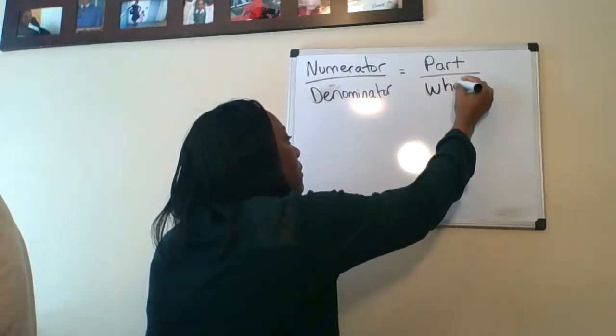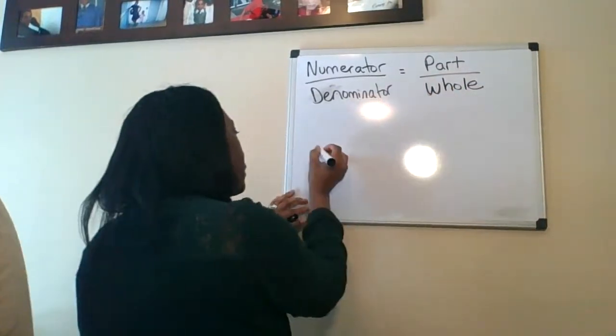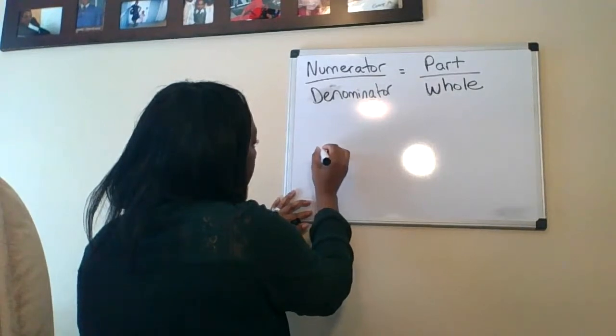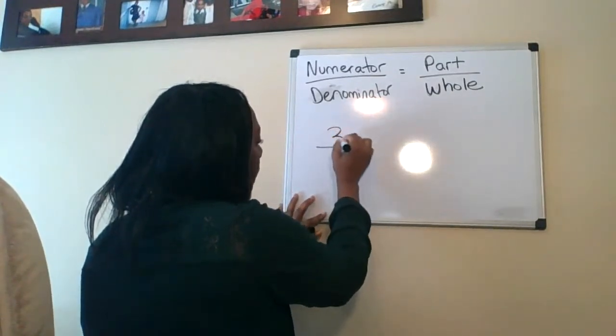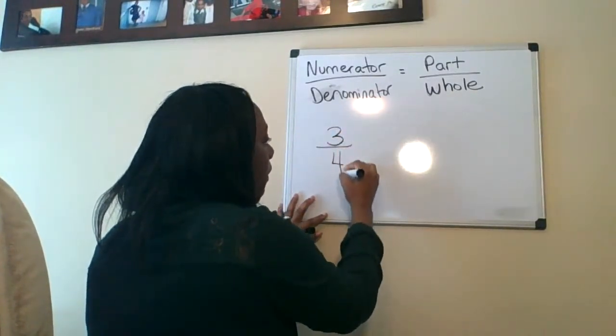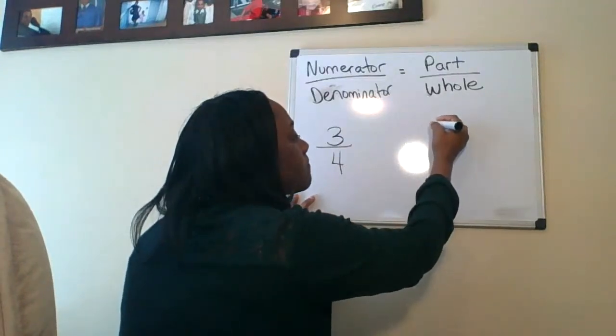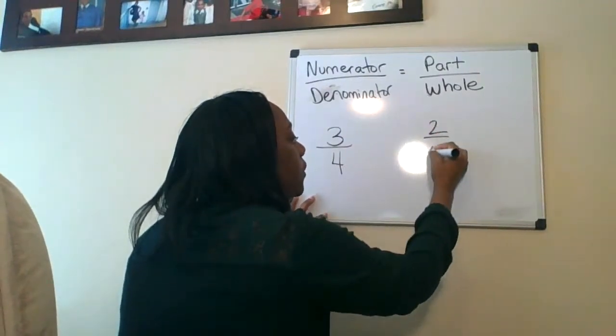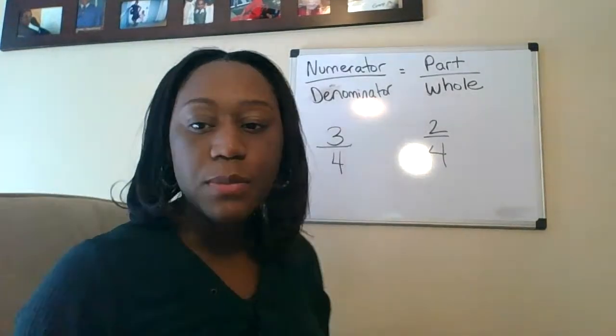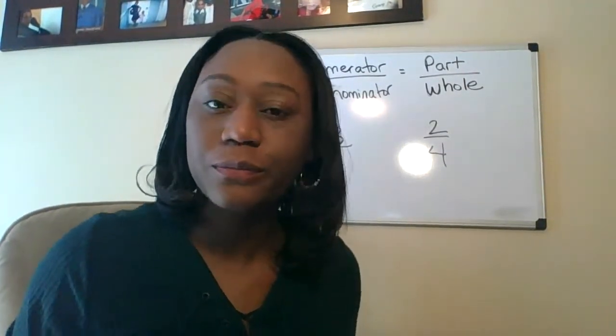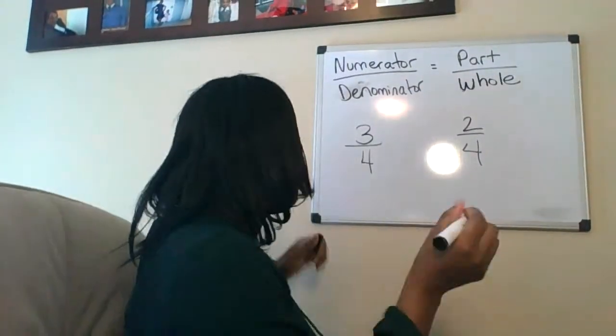So, three-fourths and two-fourths. Which one is bigger and how do we know?